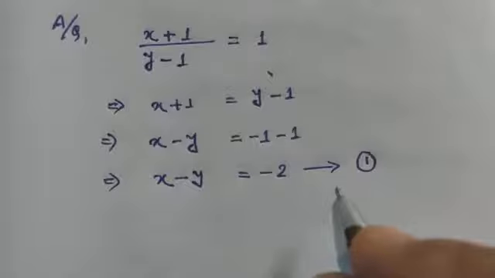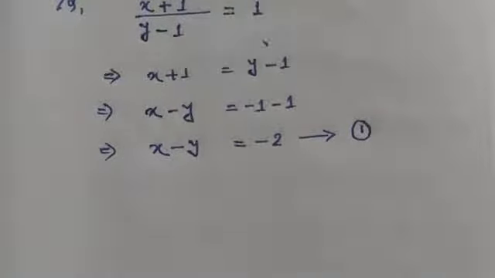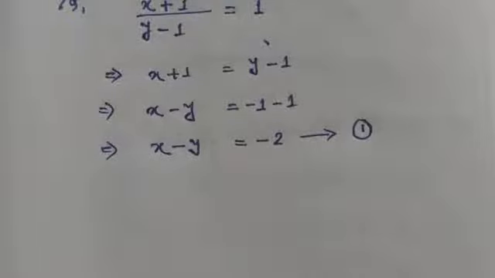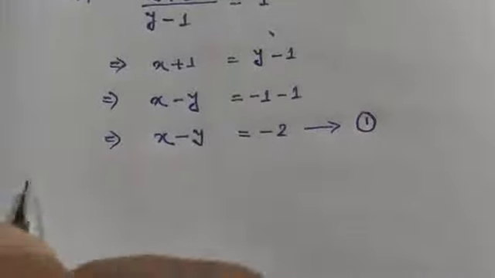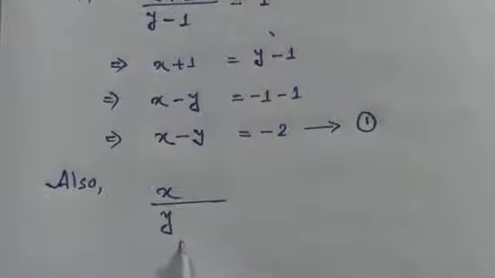Then in the second condition it is said that, if you add 1 to the denominator, then the fraction would become half. Also, I am writing, also the fraction was x by y. Okay, we have considered that the fraction is x by y.